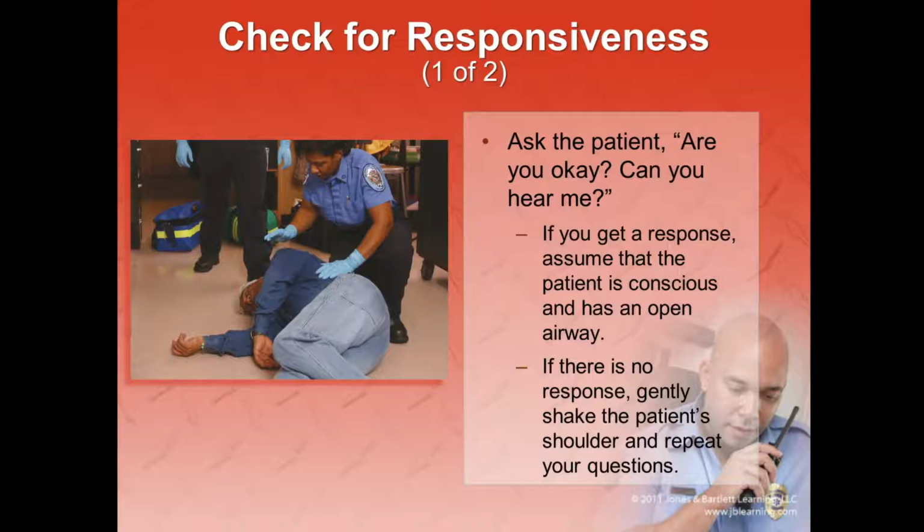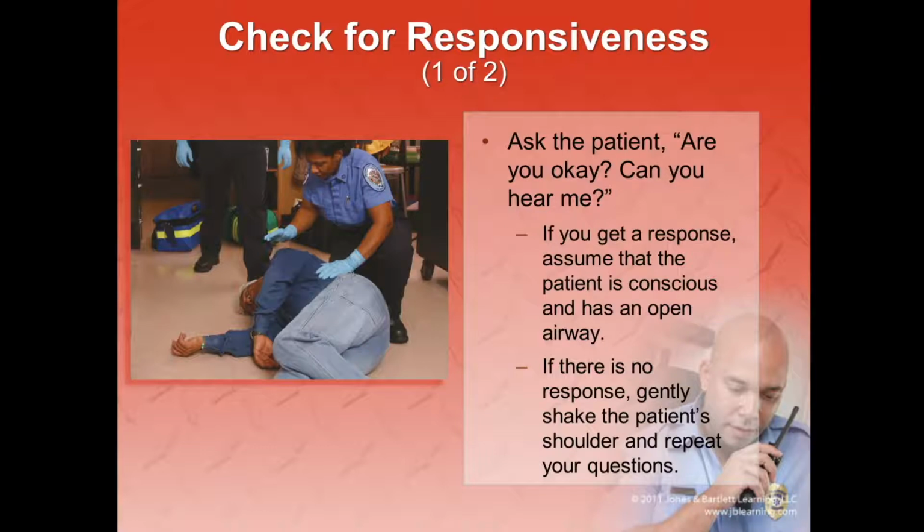Generally speaking, someone who can talk to you has vocal cords that are passing air and able to move to create words. That means their airway's patent, right? Because you need air to pass through your vocal cords, which are in your larynx and trachea, to be able to speak. So that's why you would say they definitely have a patent airway.